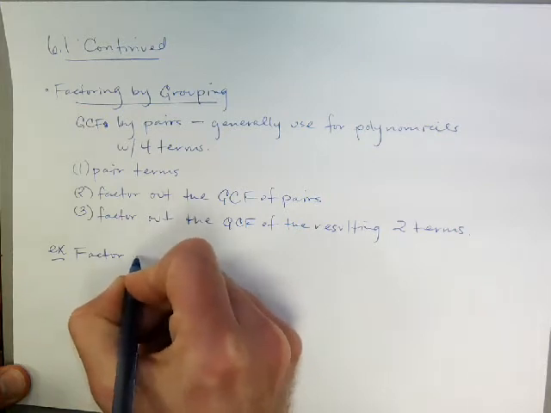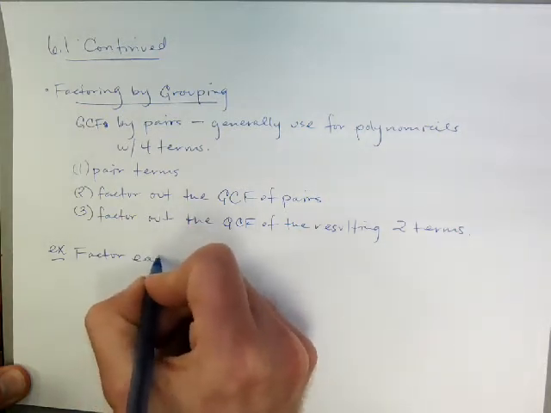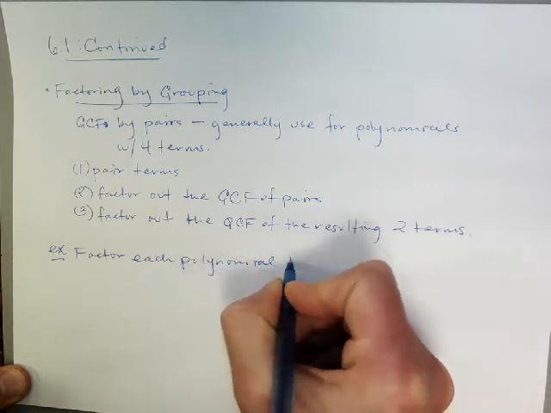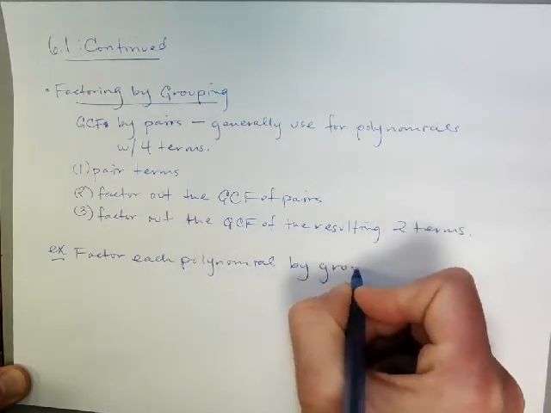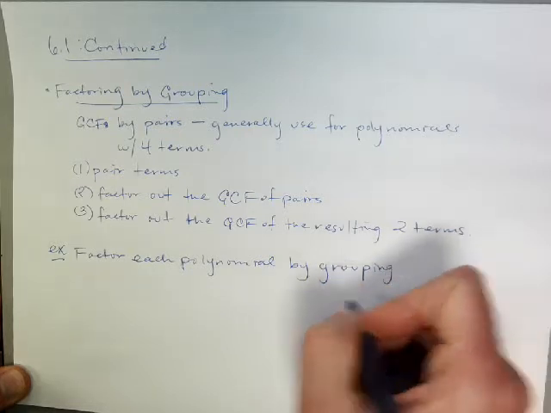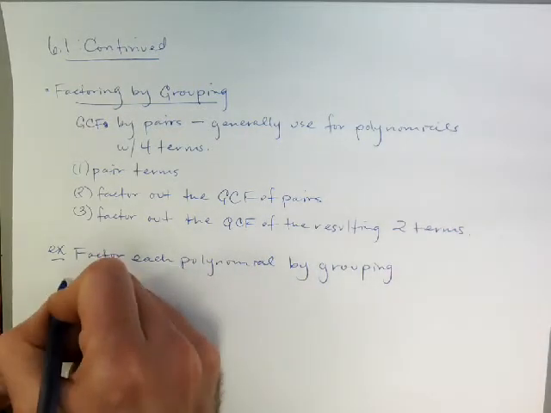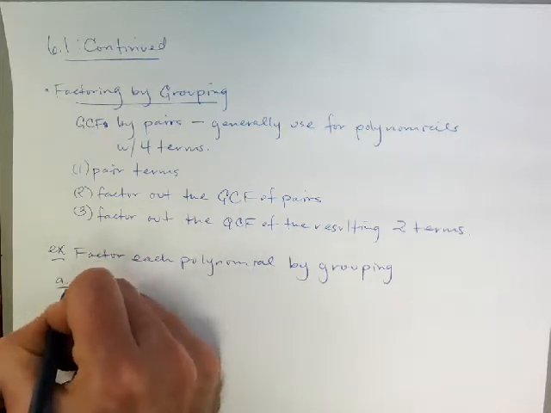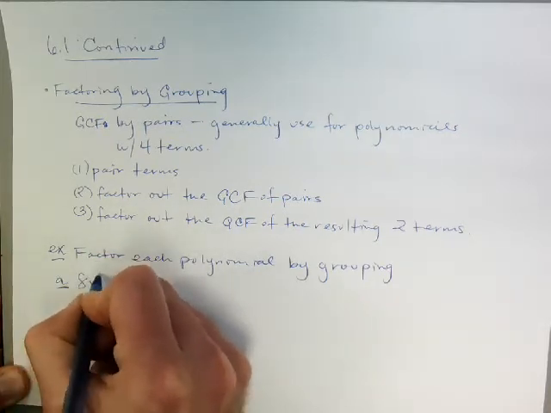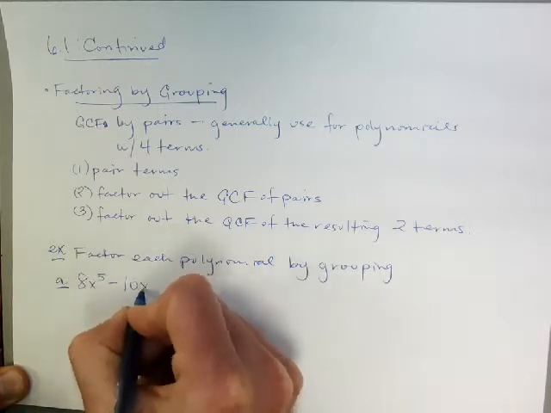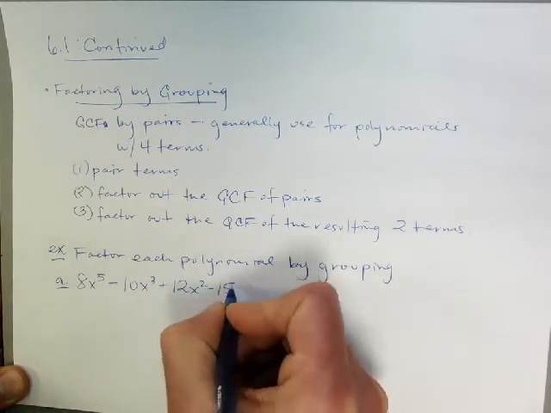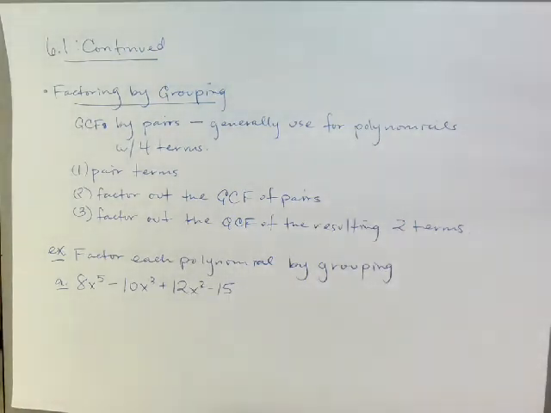Factor each polynomial by grouping. All right. First example, 8x to the 5th minus 10x cubed plus 12x squared minus 15. All right.